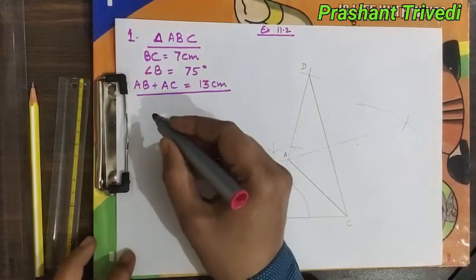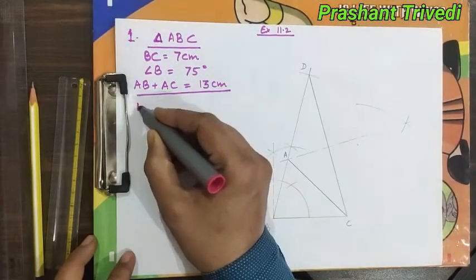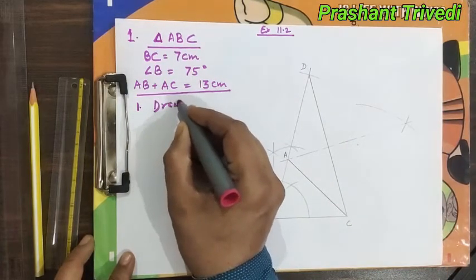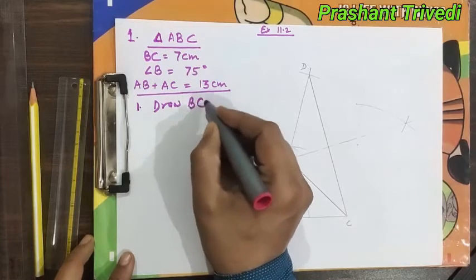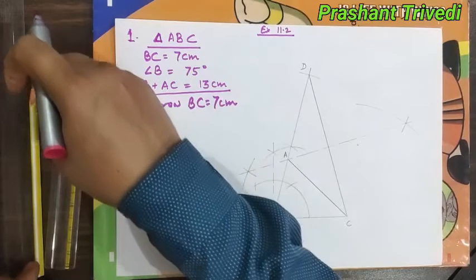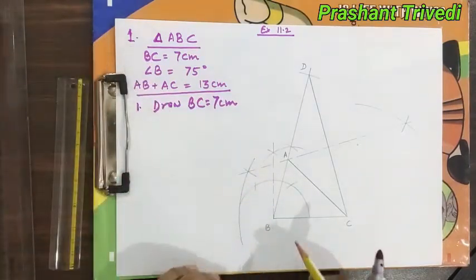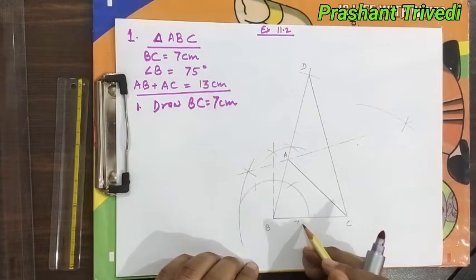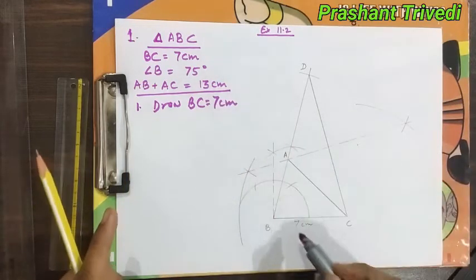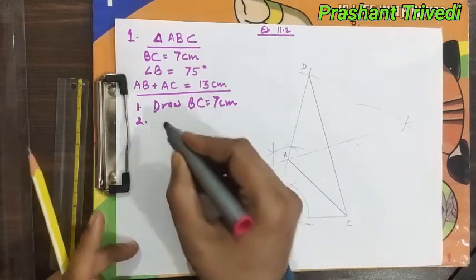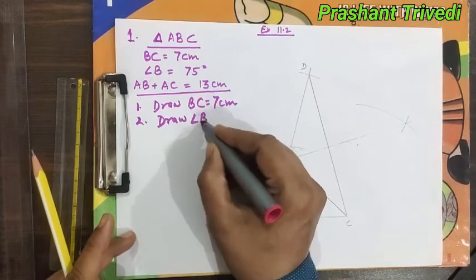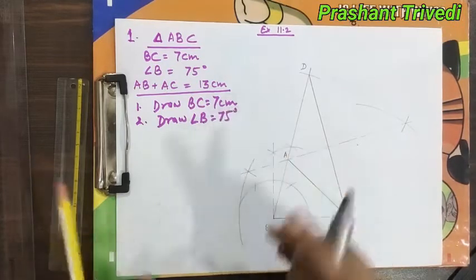Now the very first step involved: draw BC equal to 7 centimeter. This was 7 centimeter. Then second step, draw angle B as 75 degree.